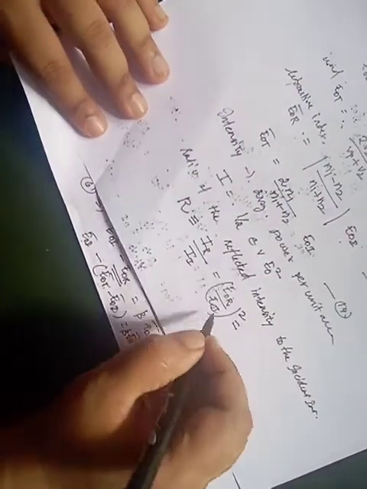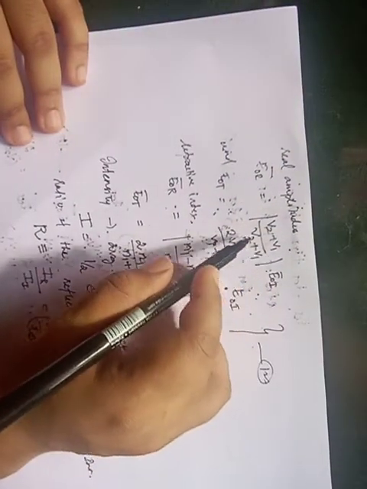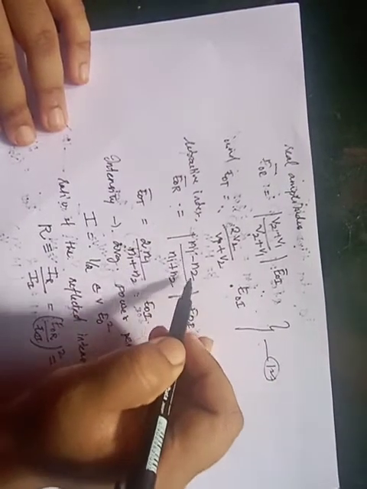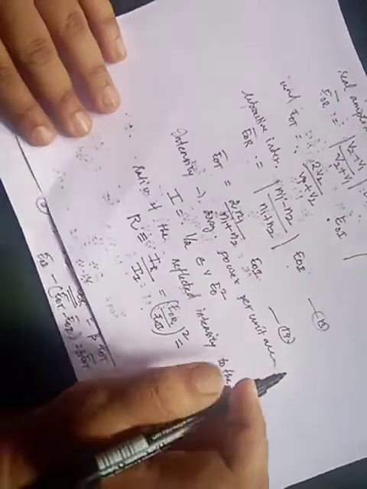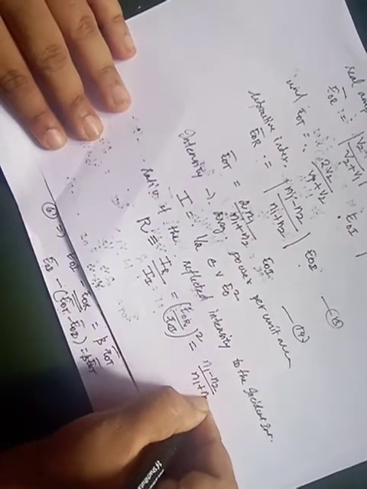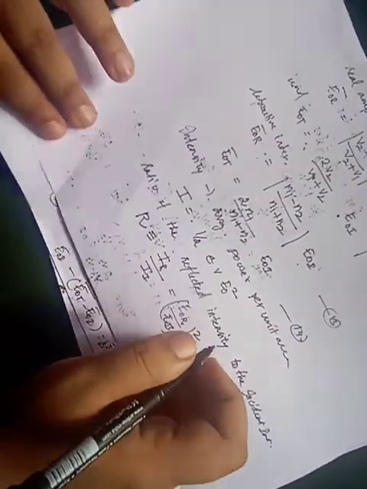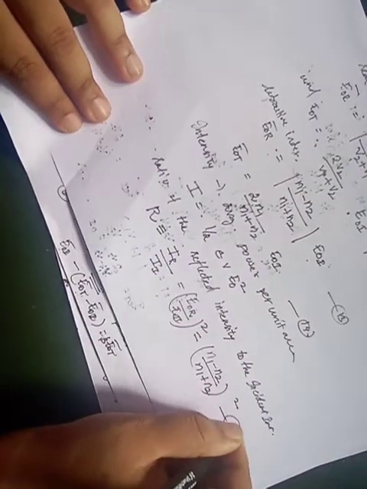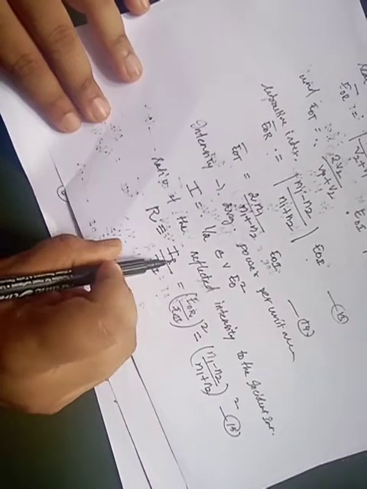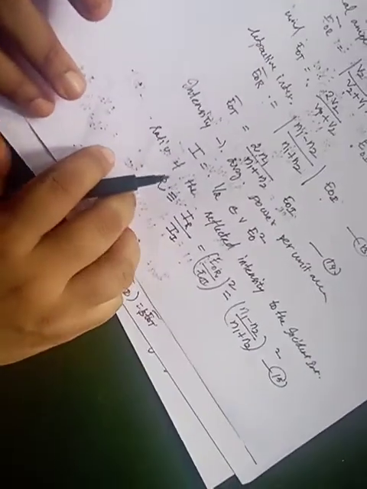So instead of E naught R by E naught I, we can write V2 minus V1 divided by V2 plus V1. In terms of refractive index, we can write like this, that is N1 minus N2 divided by N1 plus N2, the whole square. So we have written the ratio of the reflected intensity to the incident intensity, which is nothing but the reflection coefficient.